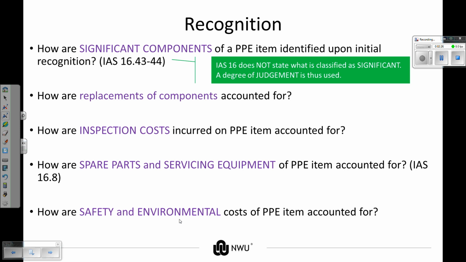Please read your paragraph 11, where it says that the acquisition of such PPE items, although it will not directly increase your future economic benefits, it may be necessary for the company to obtain the future economic benefits from its other assets. So you must incur these safety and environmental costs for your other PPE item to obtain future economic benefits. Then you can capitalize such costs.